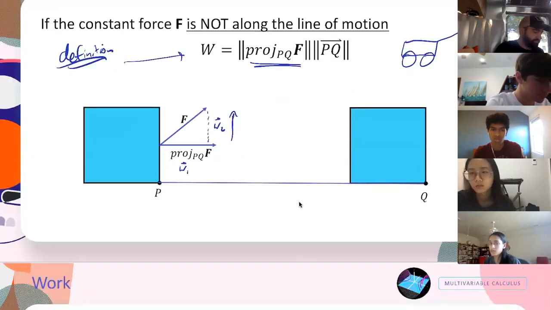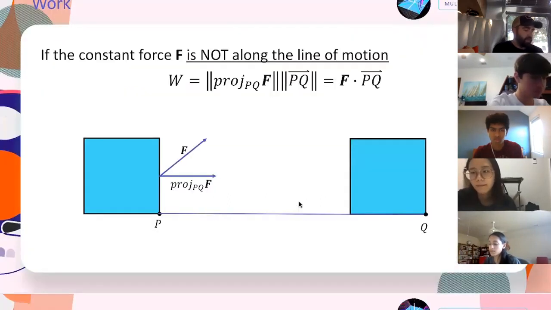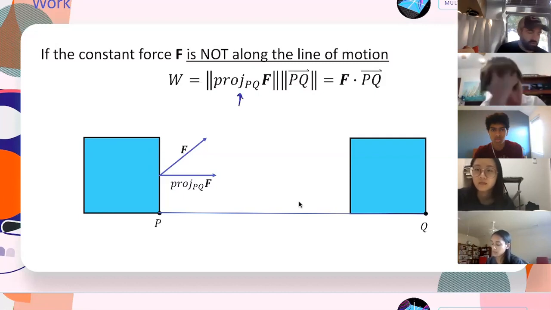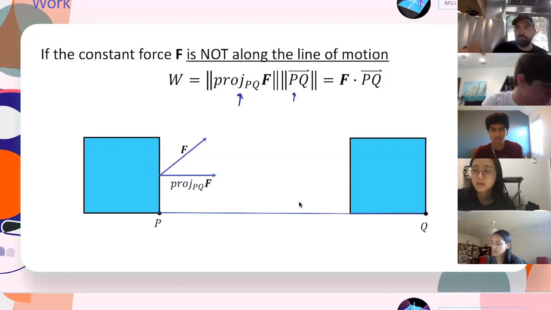Instead of having to find the projection and find those magnitudes, if we just do F dot PQ, the dot product, we'll get the same thing. That's basically what would happen if we plugged in. You could pretty easily prove it if you plug in the projection formula that we just learned, and you plug in all the stuff, and then you just simplify.